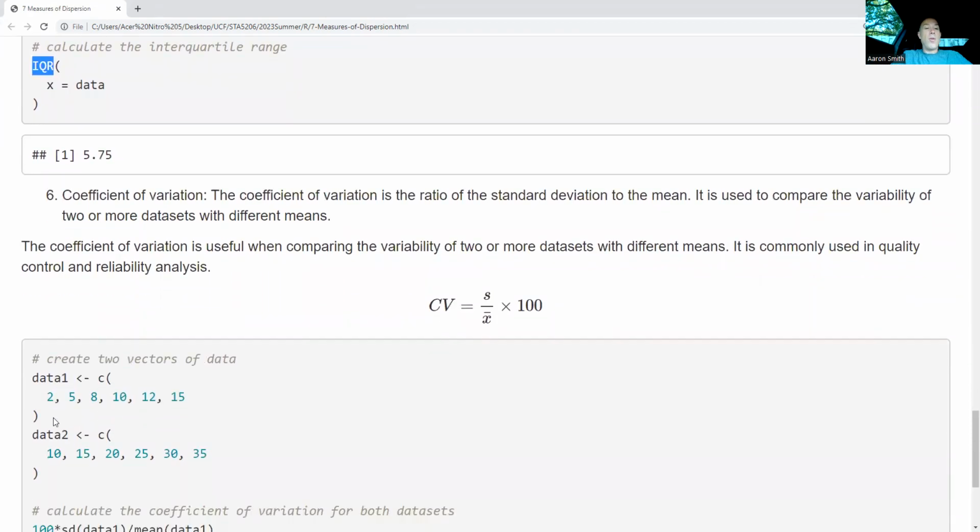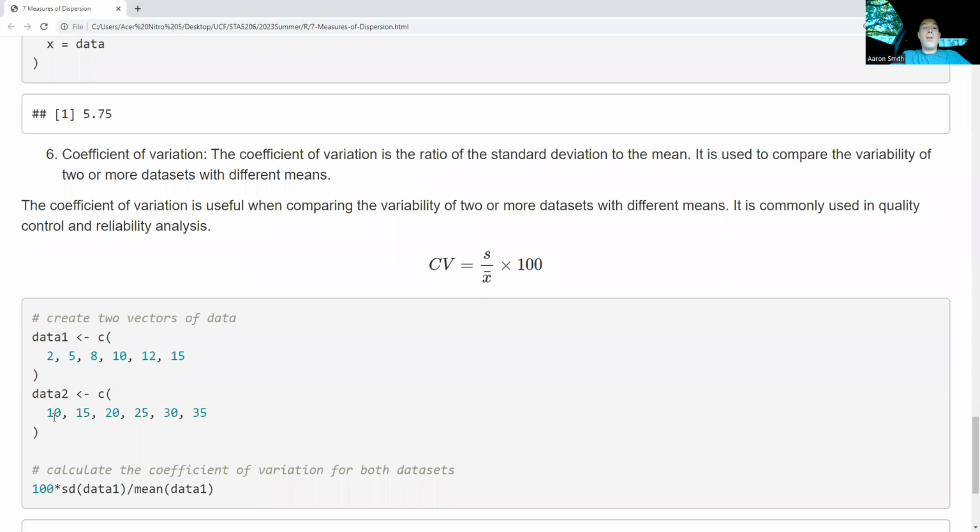Now, the next one that we want to talk about is the coefficient of variation. The coefficient of variation is the ratio of the standard deviation to its mean. It's used to compare the variability of two or more data sets with different means. So think about the situation where we want to compare the variability of two data sets, but the two data sets are on very different magnitudes.